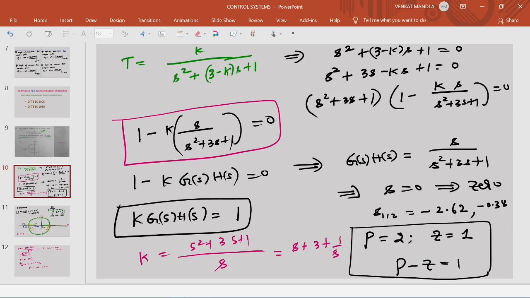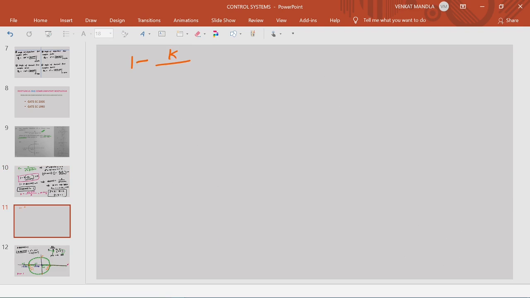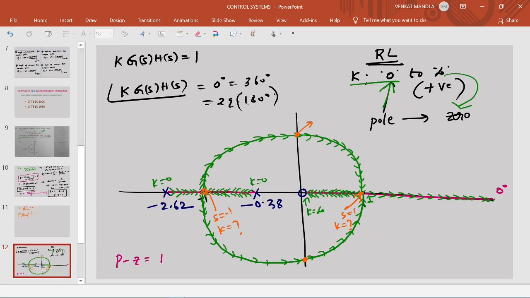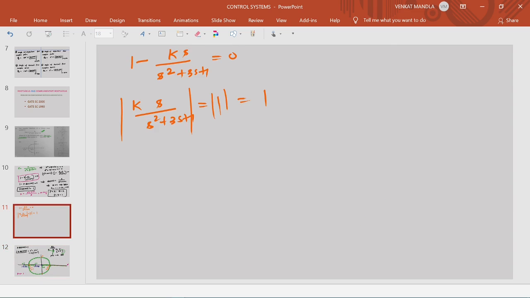1 minus k s by (s square plus 3s plus 1) equal to 0, so k s by (s square plus 3s plus 1) equal to 1. Taking the magnitude on both sides, I'll get 1. If you want to find the magnitude at s equal to minus 1 and at s equal to plus 1, just replace s by plus 1 and minus 1.